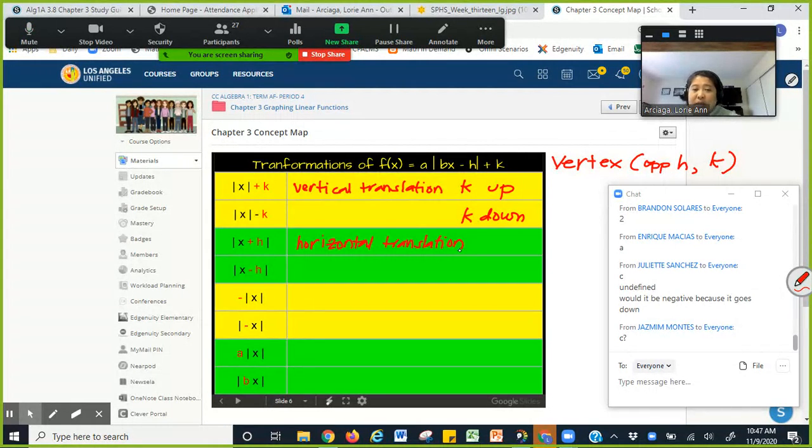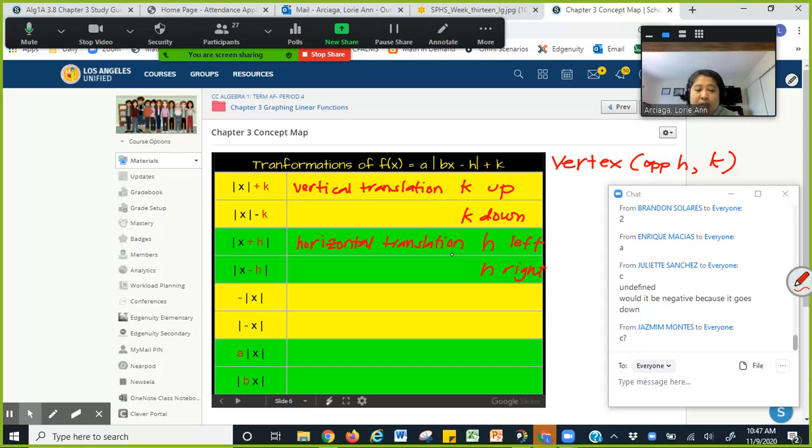So if the number is 2, we go 2, but not to the right. We go to the left, because we do the opposite. So h to the left. If it's minus h, then we go h to the right. I'll show you later how to do that in the study guide.